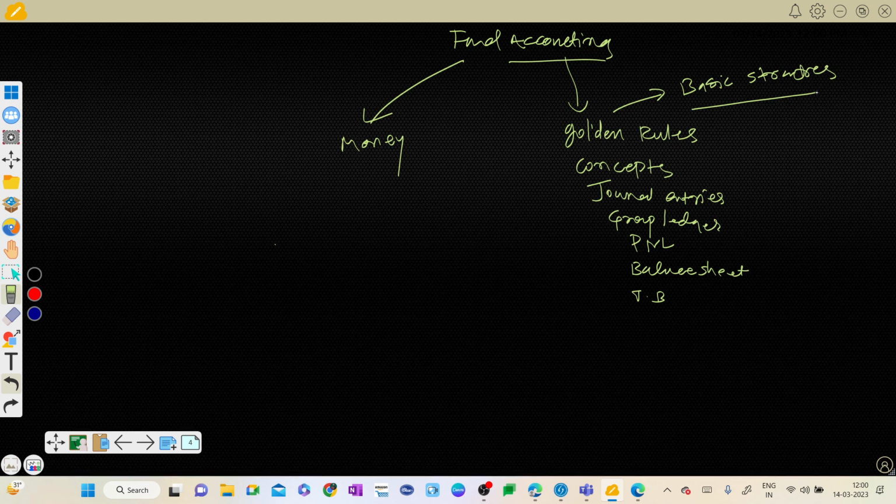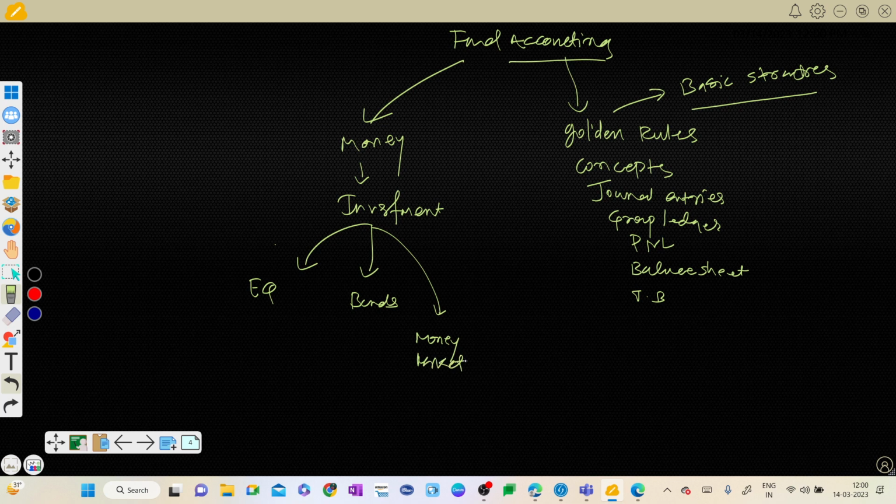So it means the business line which is related to investment. And when we say investment, equities come into the picture, because most of the funds invest into equities. By default, bonds come into the picture. Money market instruments come into the picture.